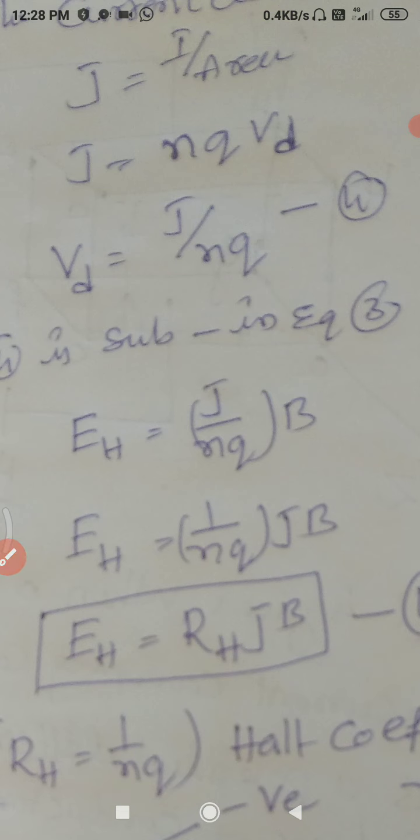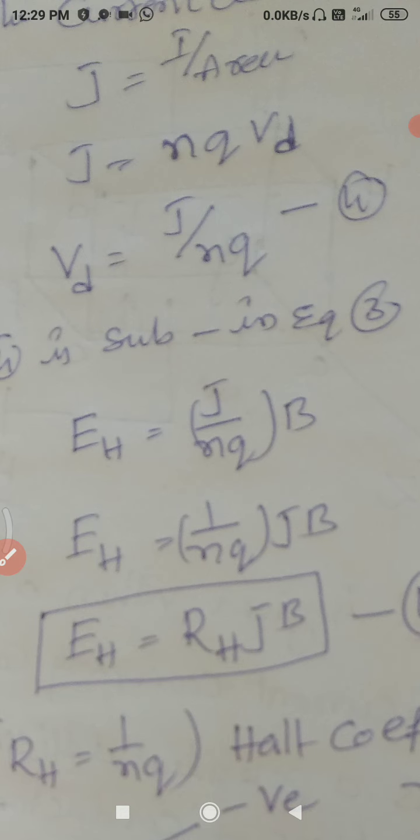Then J is equal to QNVD. Here Q is the charge of the particles, N is the number of charge particles, and VD is the drift velocity. VD is equal to J by NQ, equation 4.